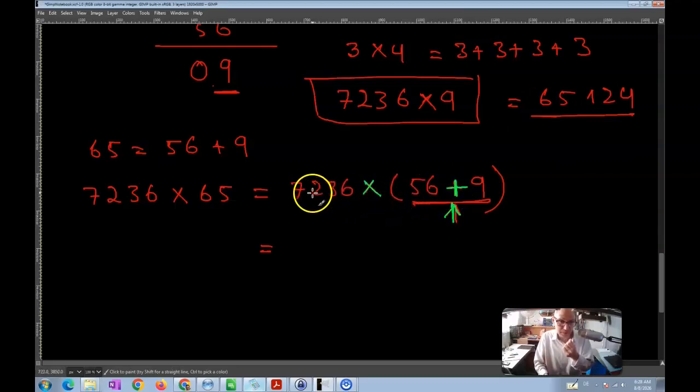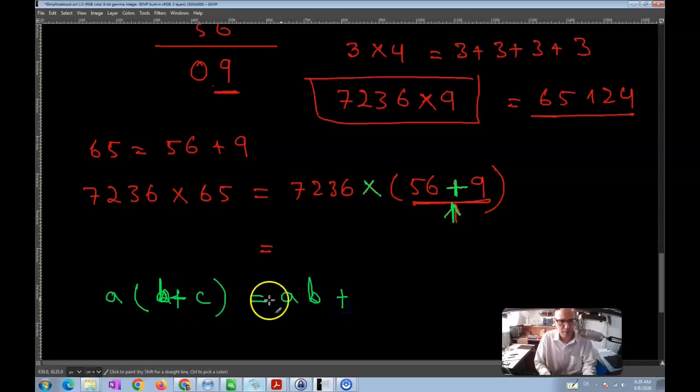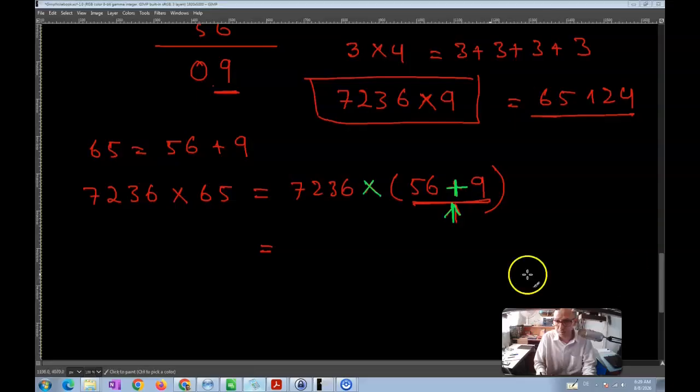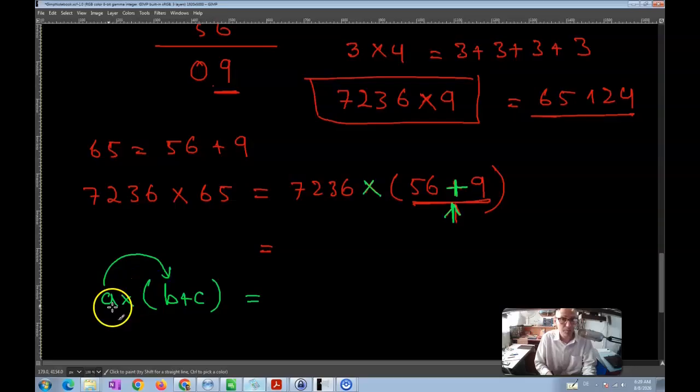So we say that multiplication distributes over addition, meaning that if I have a times, for example, b plus c, let's say that this is a, this is b, and this is c, then this is the same thing as a times b plus, of course there is multiplication. Let me write this properly. When I have a times b plus c, I can distribute the multiplication over the addition this way.